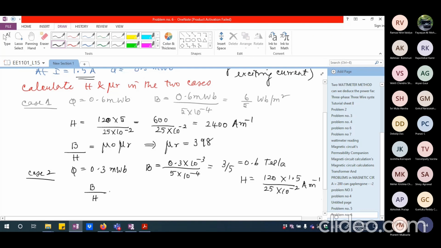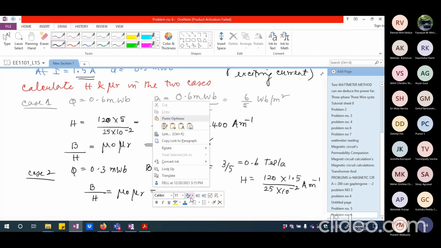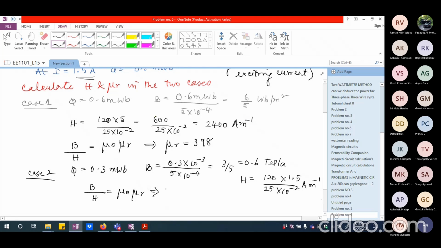Now B by H I can use, which is equal to mu naught multiplied by mu R. In which case we are getting mu R to be 663. Please note, when you are having lower current, that is 1.5 ampere of current, you are having mu R value to be 663.